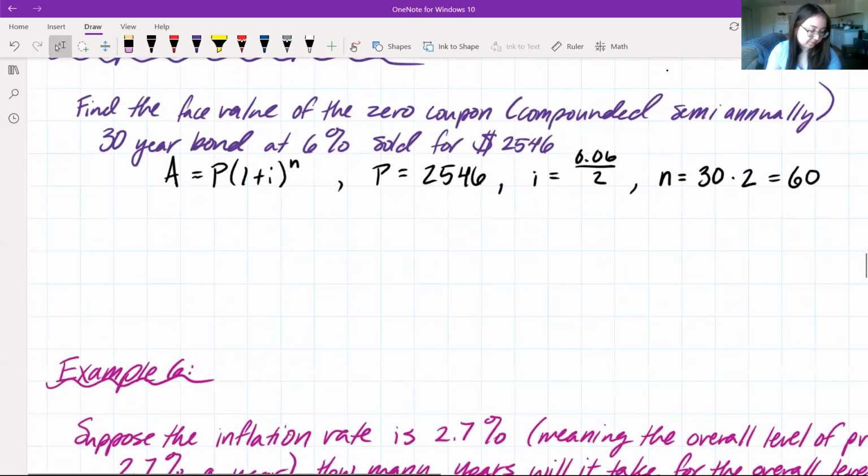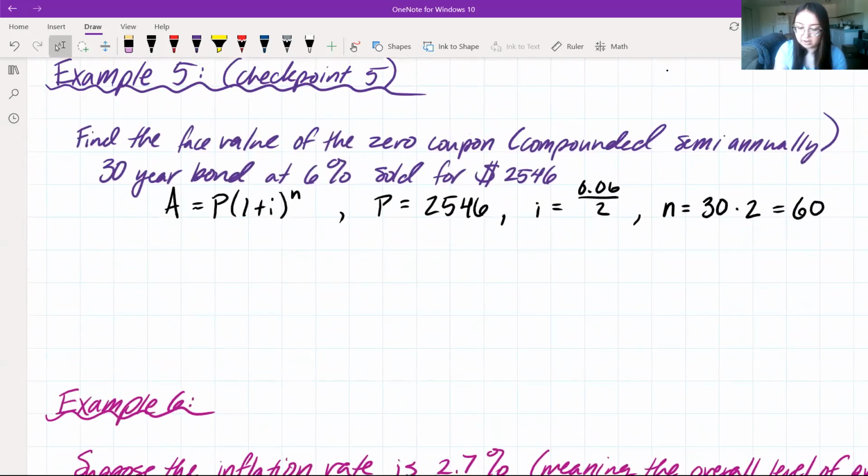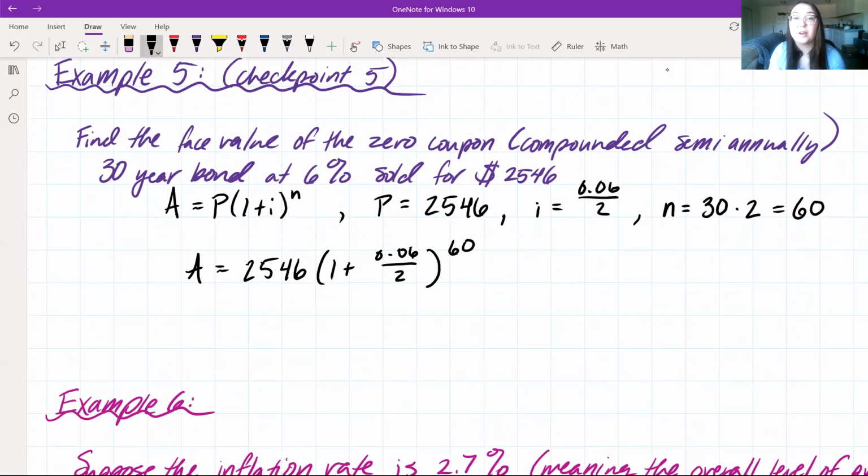So we can end up calculating this value, and we see that A is equal to 2,546 times (1 plus 0.06 divided by 2) to the power of 60.